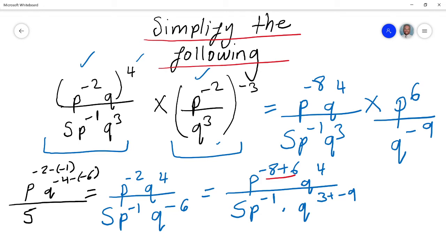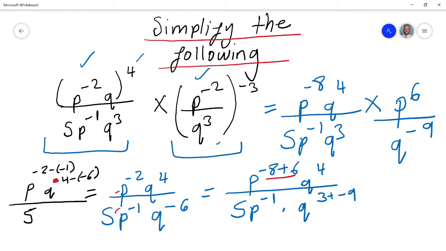So you can see what I've done is I've used the division rule of indices, where you subtract the powers. So p and p, negative 2 minus negative 1, and q, that is 4 minus negative 6.